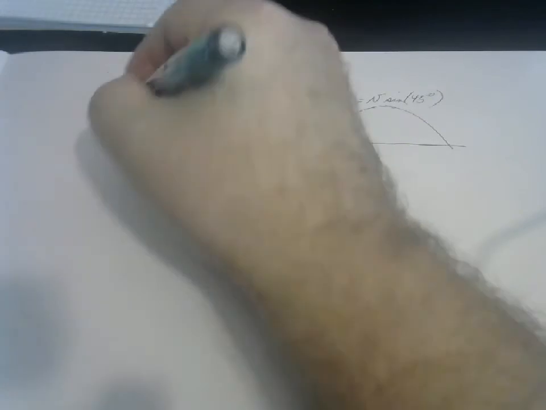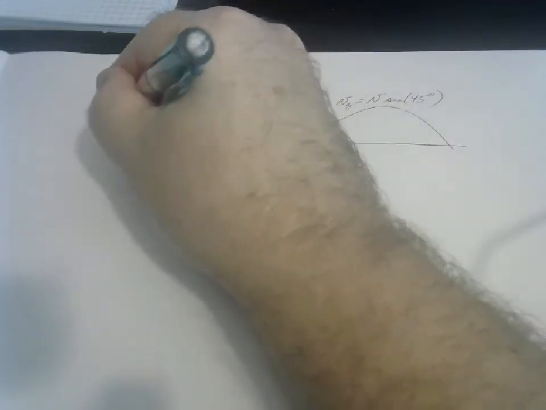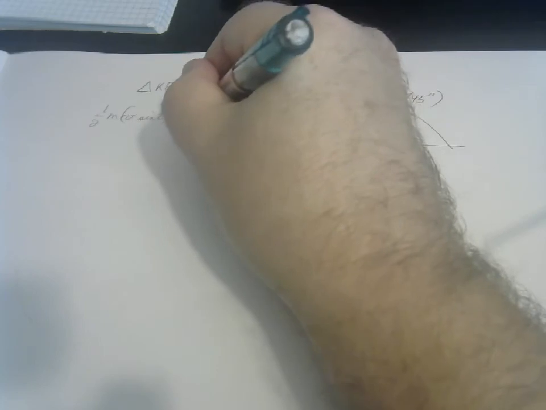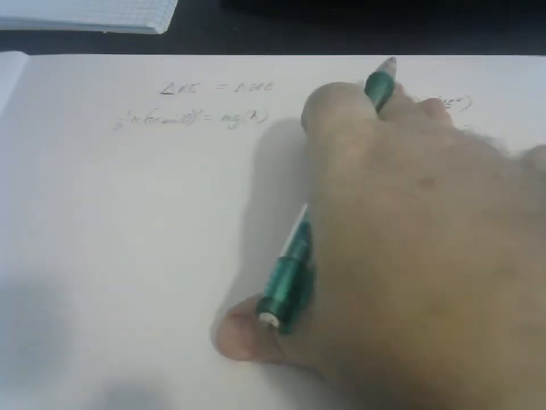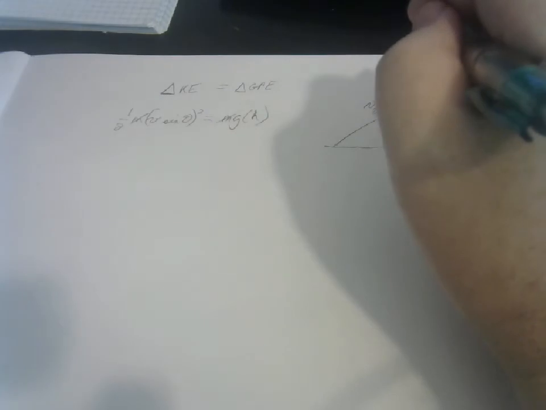So his change in kinetic energy is going to be associated with that v sub y, 1/2 m v sine theta squared, and his change in gravitational potential energy is just going to be mg times that 1 meter, so h. Okay, so now we can cancel out some things because the m is not going to matter.